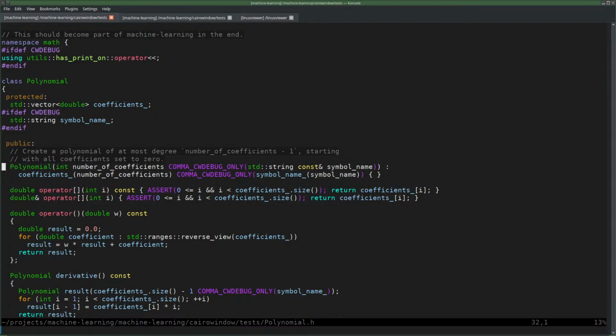It must be constructed with the number of coefficients.